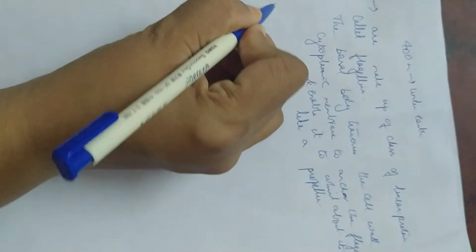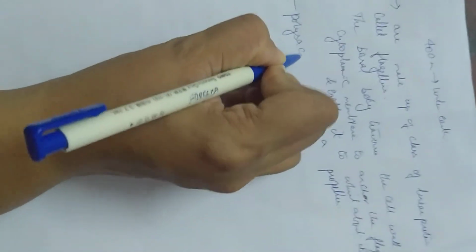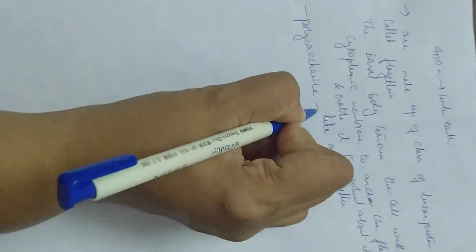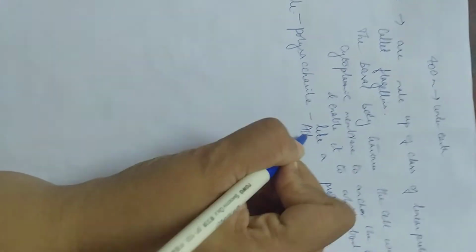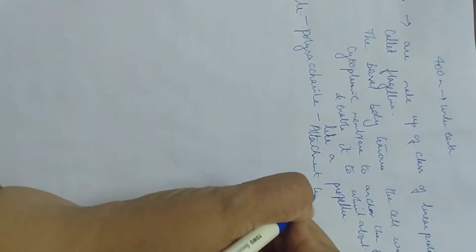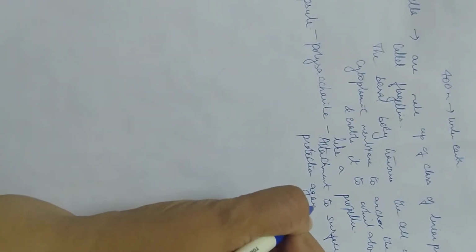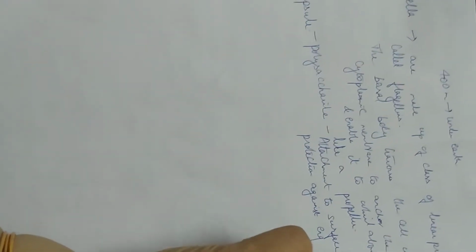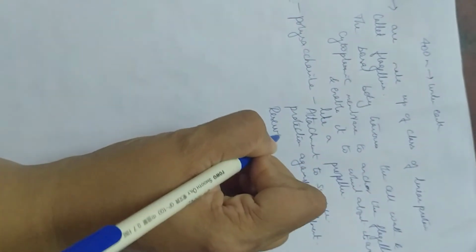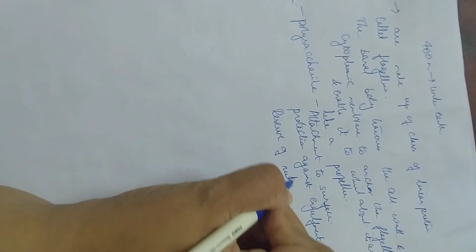These capsules, in most bacteria, consist of a polysaccharide, and the function of this is attachment to surfaces, protection against engulfment, and reserves of nutrients.